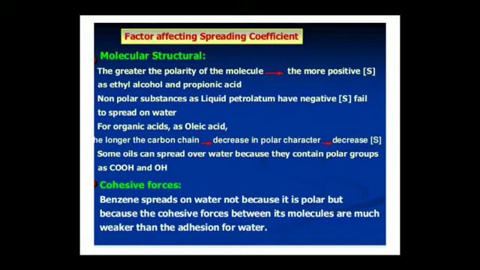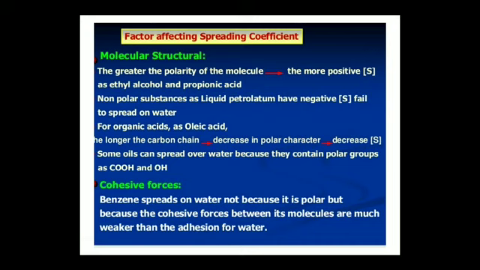The spreading coefficient of propionic acid is 45.8 and ethyl alcohol is 50.4. Due to the presence of non-polar substances, there is a negative spreading coefficient. Liquid petrolatum has minus 13.4.